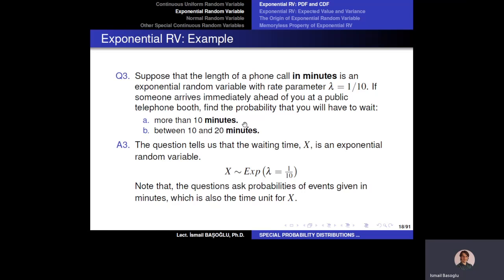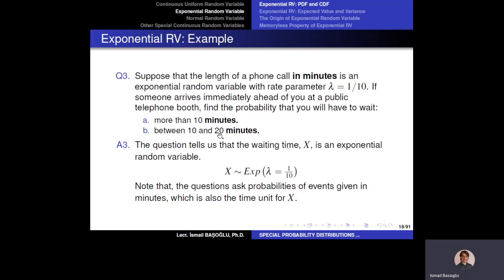Or in other words, what is the probability that this person's telephone call will be longer than 10 minutes? Okay, and we are going to answer a similar probability, the probability that you will have to wait between 10 and 20 minutes, which means what is the probability that this person's telephone call will be between 10 and 20 minutes?